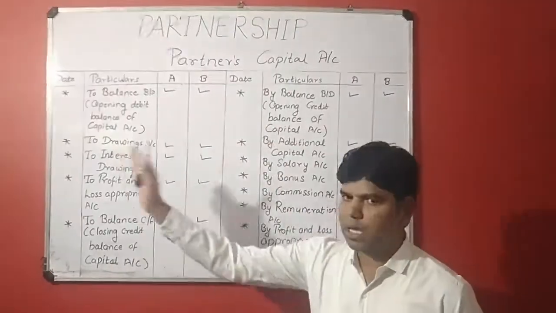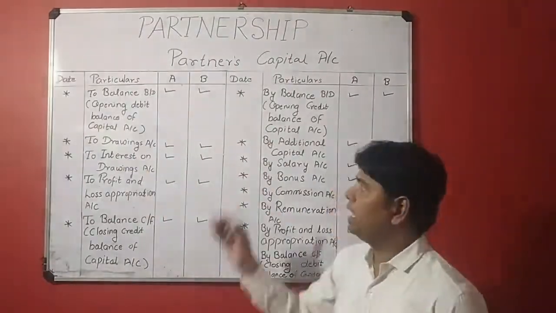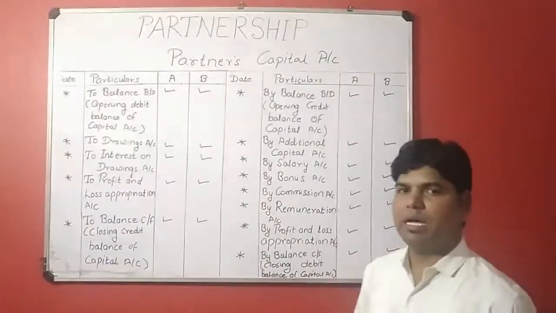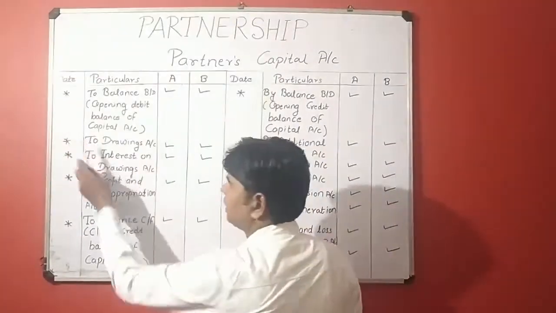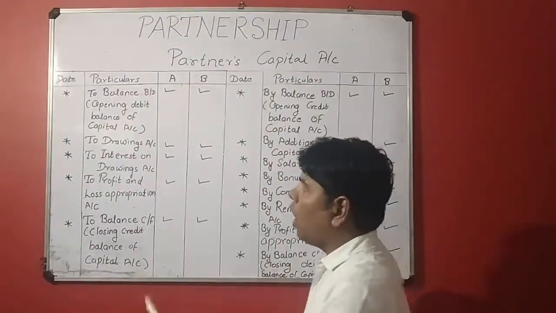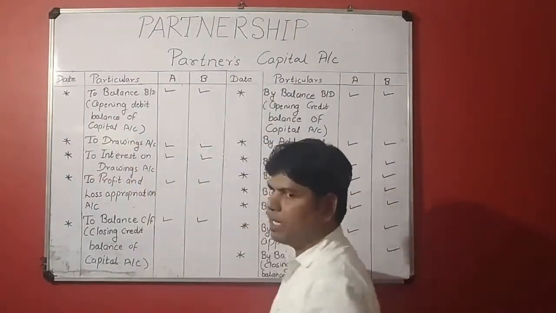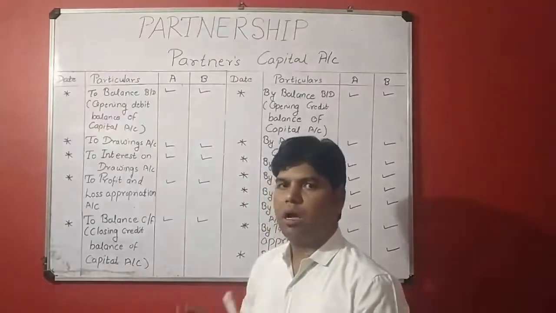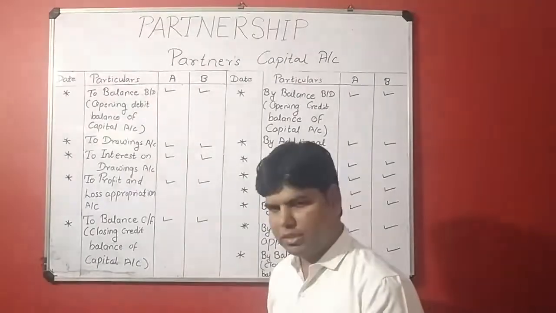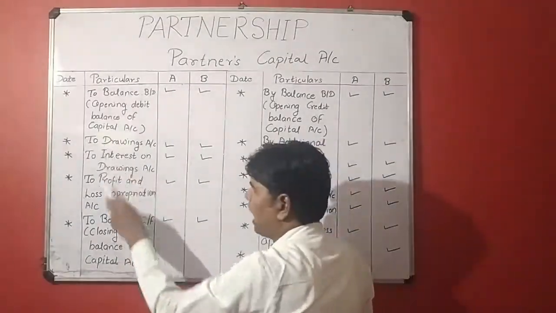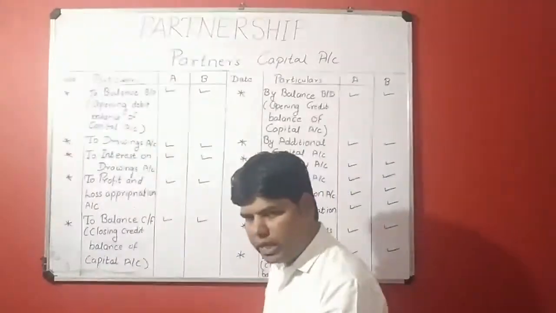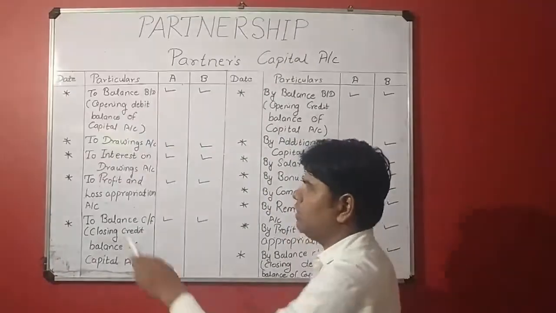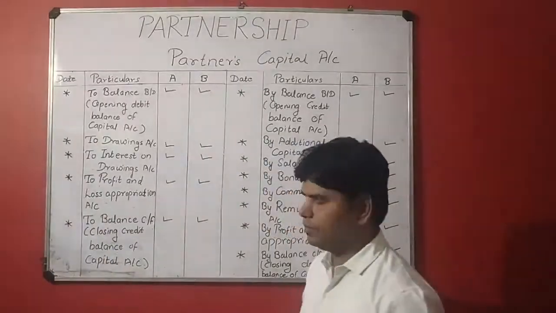The first 4 columns are considered the debit side and the next 4 columns the credit side of the account. The first column is the date column. All the balances in the capital account will be recorded as of the opening date of the financial year, and all adjustments will be recorded as of either the adjustment dates or the closing date of the financial year.